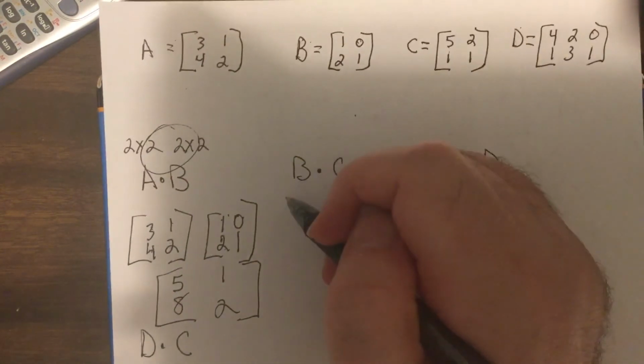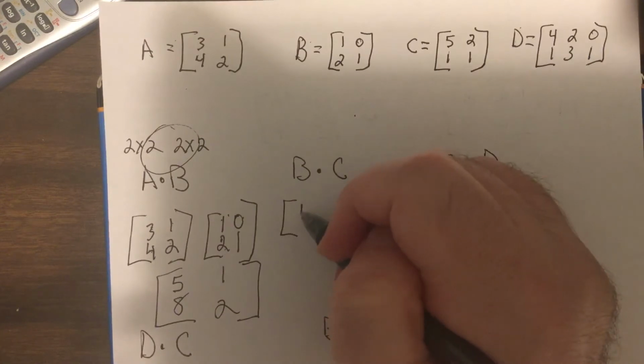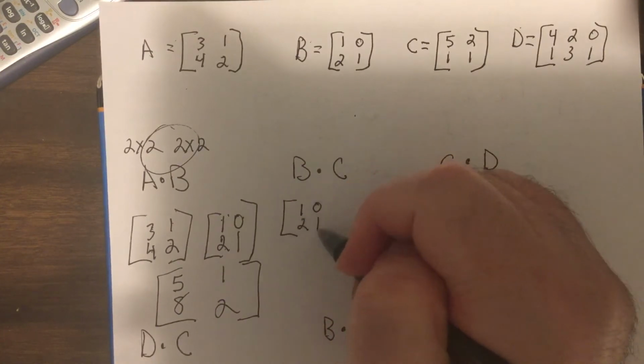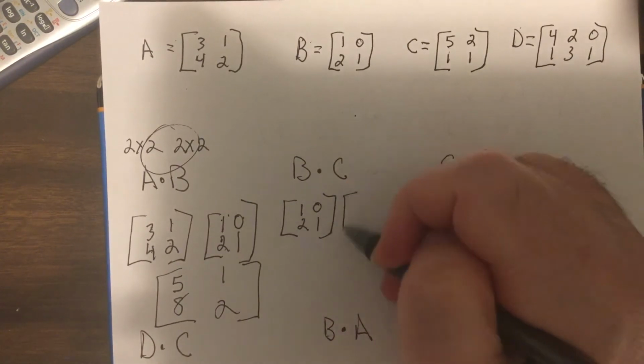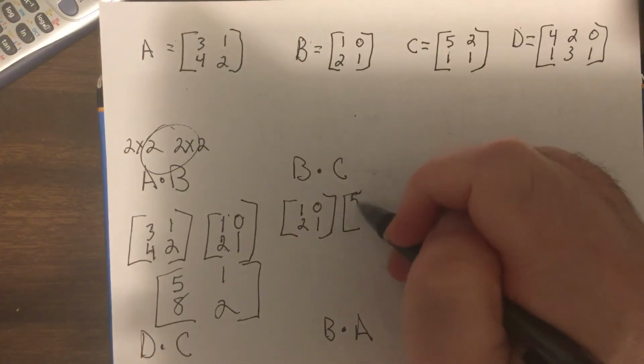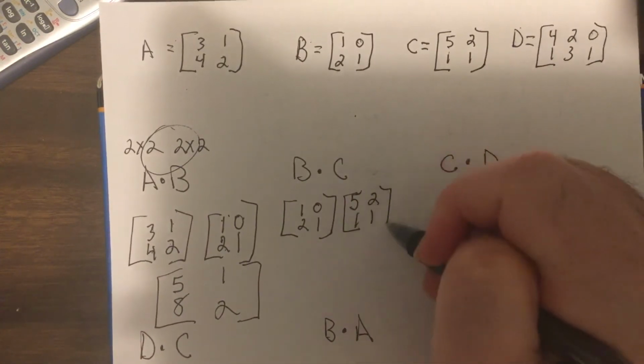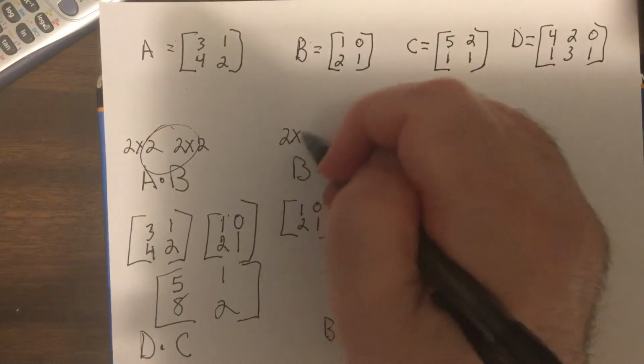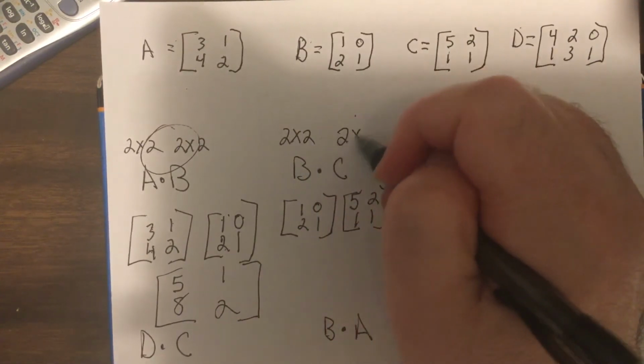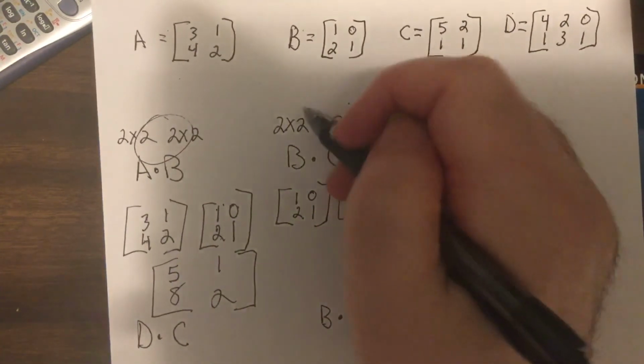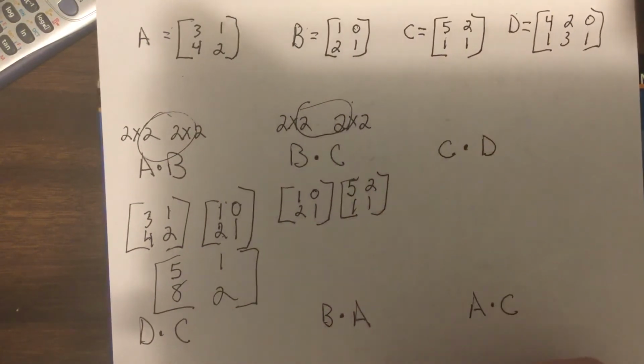So let's do B to C. 1, 0, 2, 1 and 5, 2, 1, 1. Now this is a 2 by 2. This is a 2 by 2. So the middle numbers are the same, so we're okay.